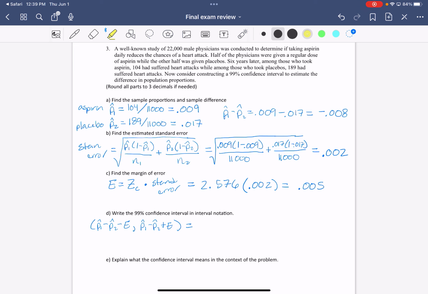We already solved for P1 hat minus P2 hat, we had gotten that to be negative 0.008. So then we're just going to subtract E and add E to that value. So negative 0.008 minus E, which was 0.005, comma, negative 0.008 plus 0.005.